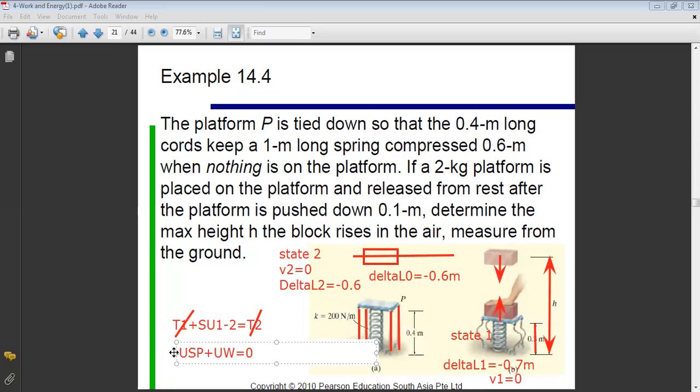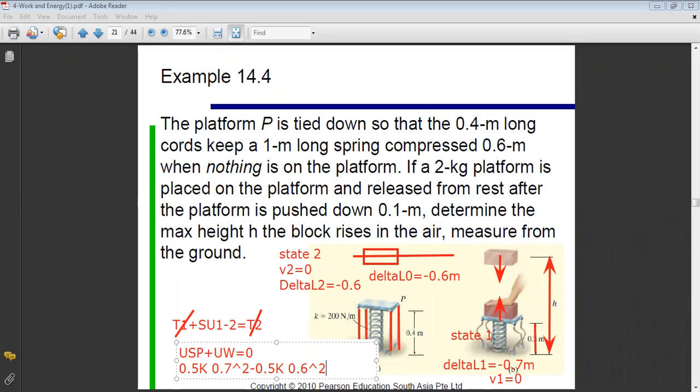Now for the spring, the work of the spring is half K times delta L1, which is minus 0.7, but when I square, the minus will cancel out, so 0.7 squared, minus half K delta L2 squared, which is 0.6, so times 0.6 squared. This is the work of the spring, and as you can see, it is a positive work because the spring was compressed and then the compression is reduced, so it will produce a positive work.